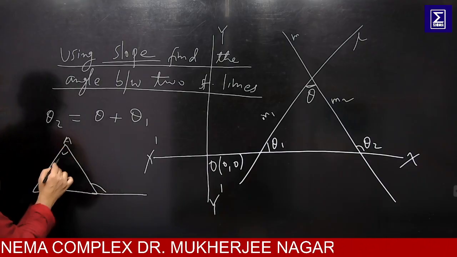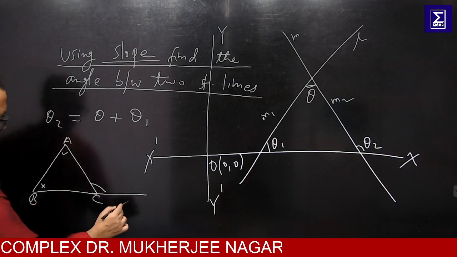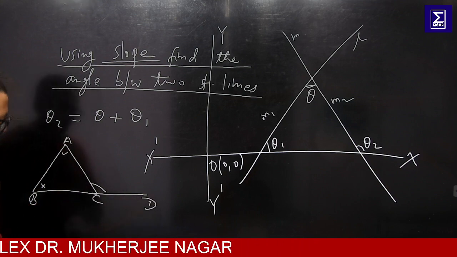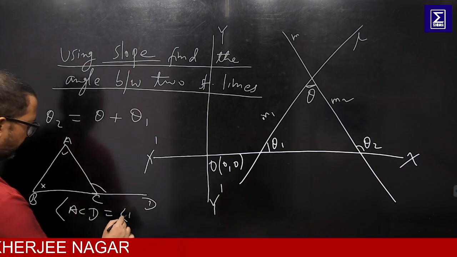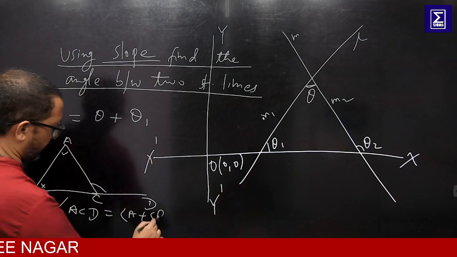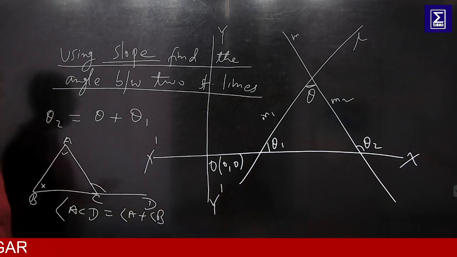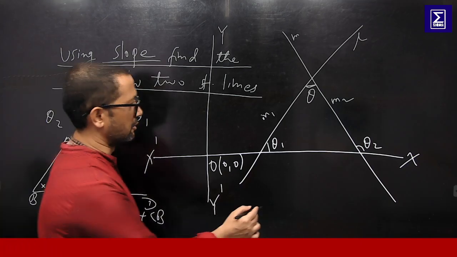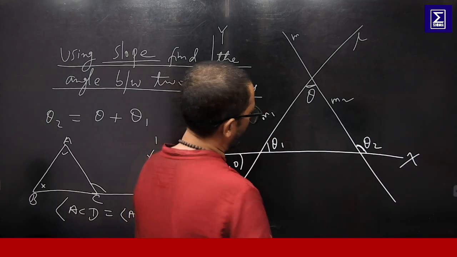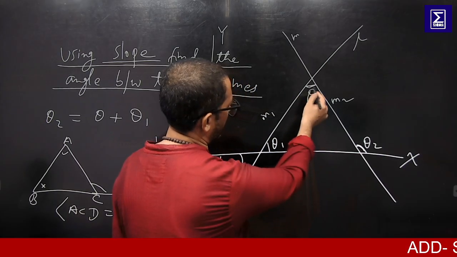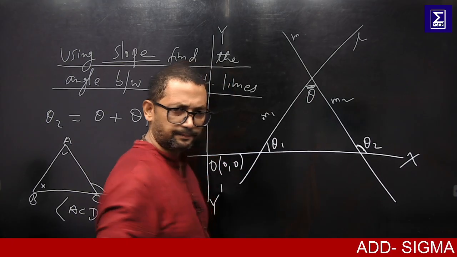This ABC is a triangle and this is extended up to D. So angle ACD is equal to angle A plus angle B. This is 10th class geometry. So this external theta 2 will be equal to the sum of the internal theta plus theta 1.